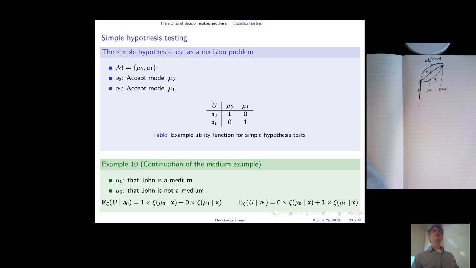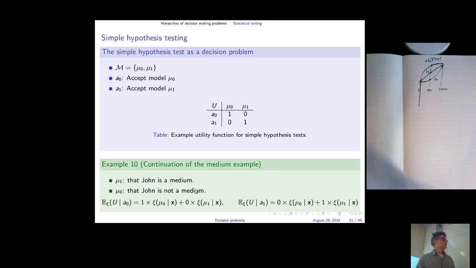And to make the optimal decision, you also have to specify some utility matrix for making the correct choice. Okay? So in this simple case, you would say that the utility is 1 when you correctly guess something and 0 when you don't correctly guess the model. But in some cases, it might not be. So for example, if lots of people are taking Coca-Cola and there is a risk for cancer and you don't guess it, then it has a very high cost. So it's more important to guess that there is a risk for drinking Coca-Cola than if you don't guess it correctly and there is no risk, okay?